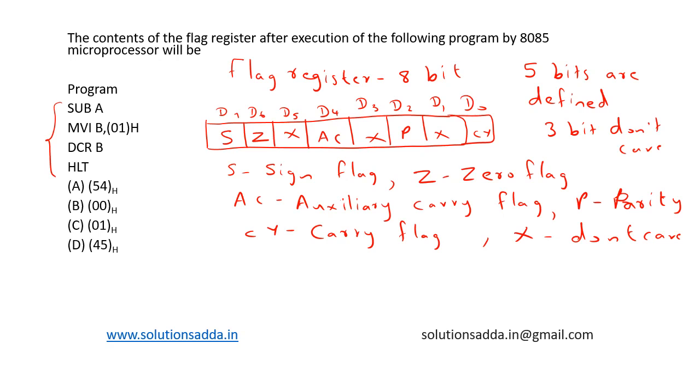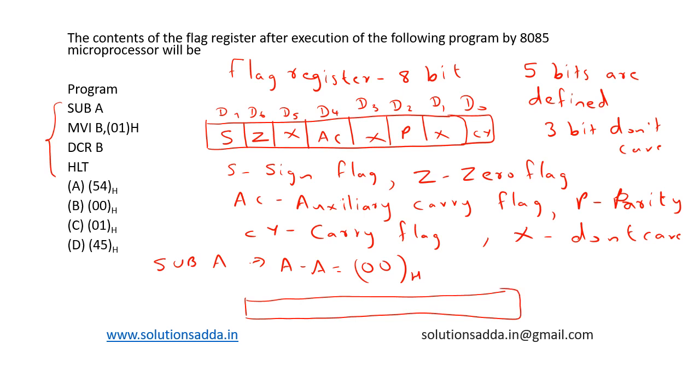The first instruction that we are performing is subtracting the value from accumulator, which implies A minus A, which results in 00 in hexadecimal form. So this would result in the modification of the flags as follows. The flags are S, Z, X, AC, X, P, X, and CY.